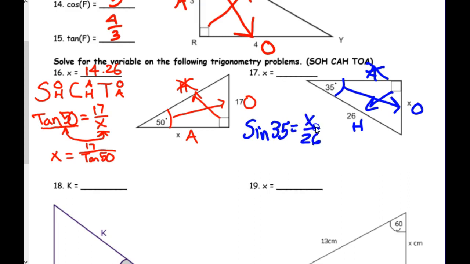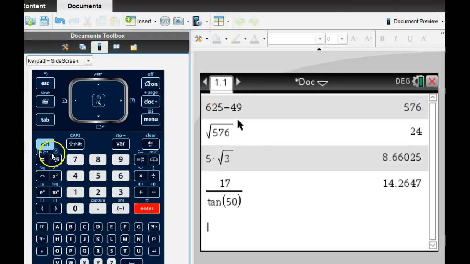Now x is on top, being divided, so the inverse operation is to multiply by 26. Cancel, cancel. Multiply by 26. Make sure you end the parentheses before you multiply by 26. Sine 35, end parentheses times 26. Let's do that.